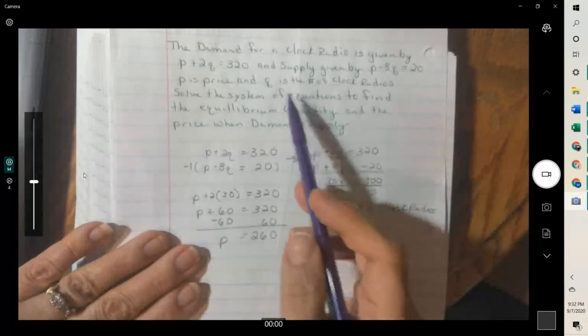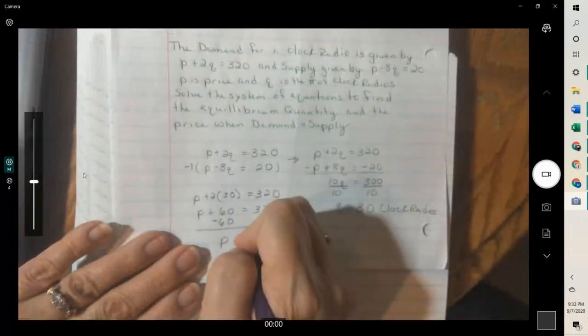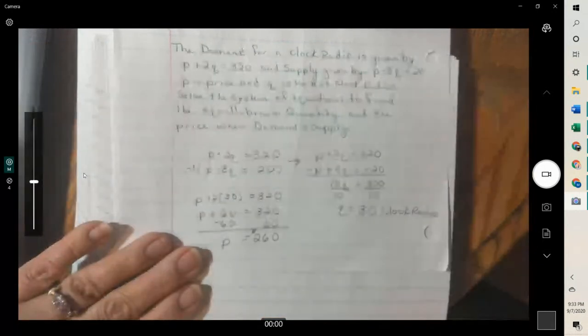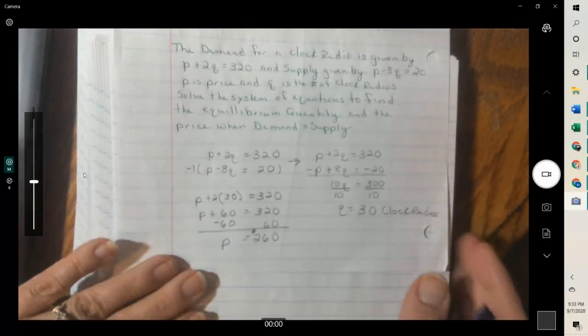And P is the price. So $260, and our quantity would be 30. So that's when we have our equilibrium quantity and price. And that's everything for the section.